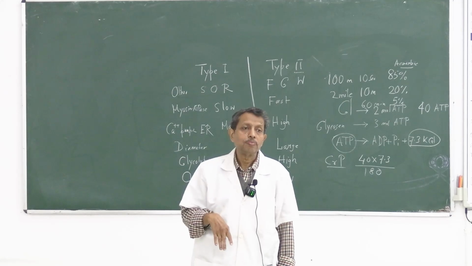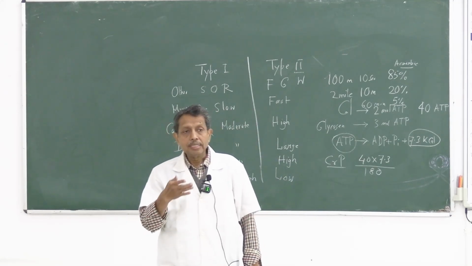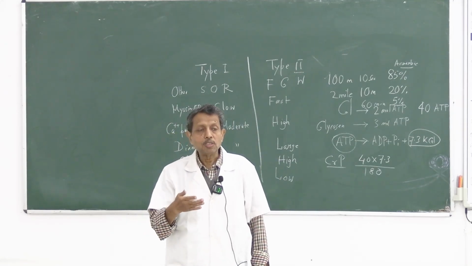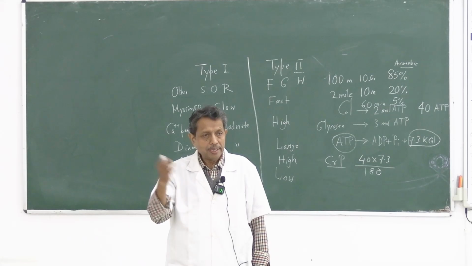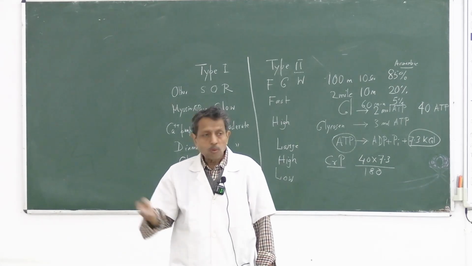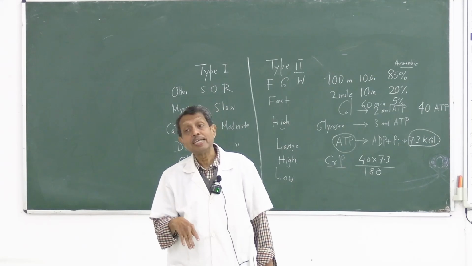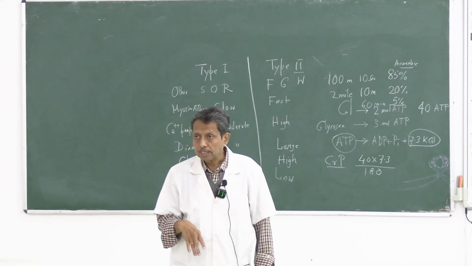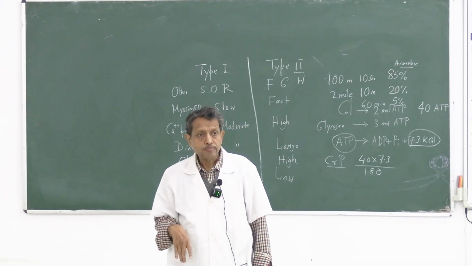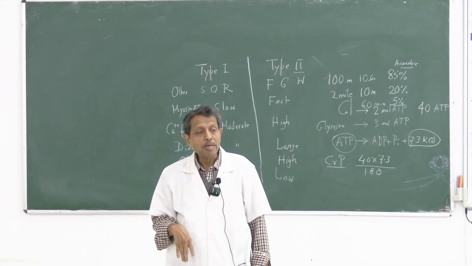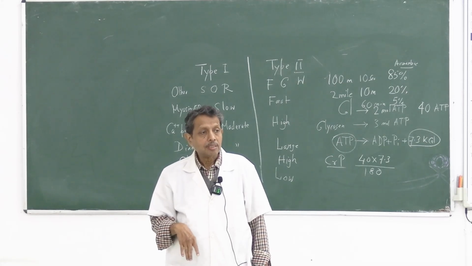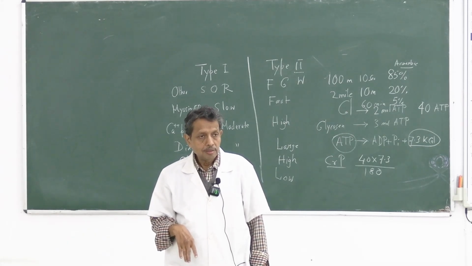In resting condition, most of the metabolism and small movement, that is walking, our normal work, free fatty acids are predominantly utilized. And free fatty acids come from the dietary triglycerides.